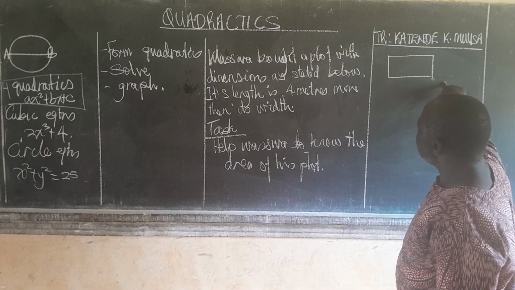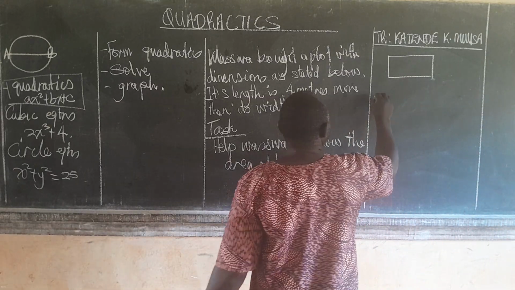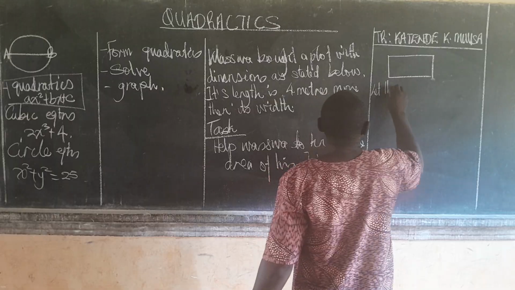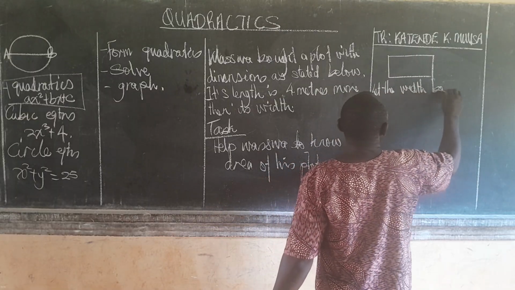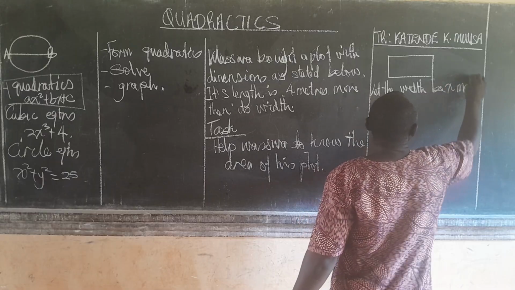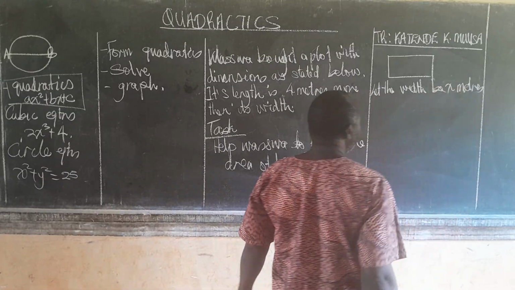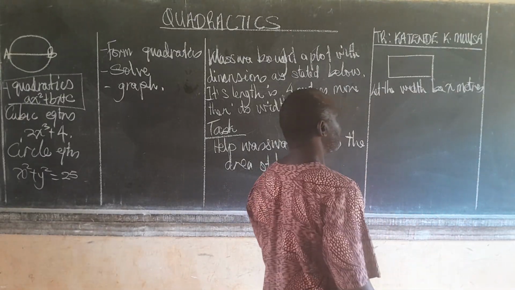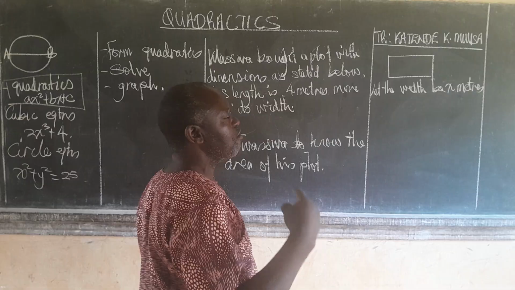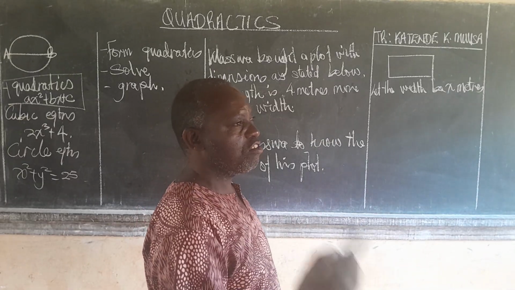Then we can say, let the width be x meters. Now, if the width is x meters, then we've been told that its length is 4 more than its width.